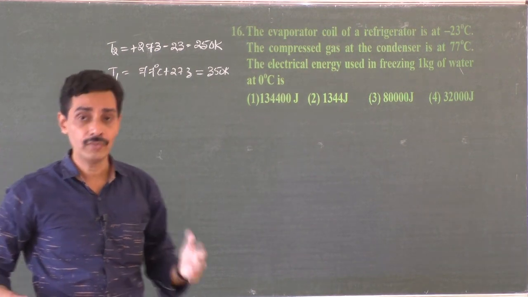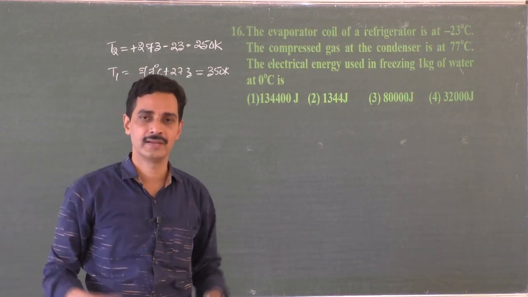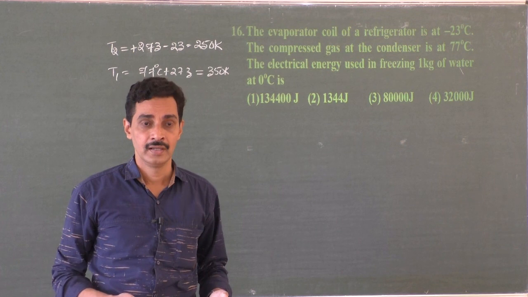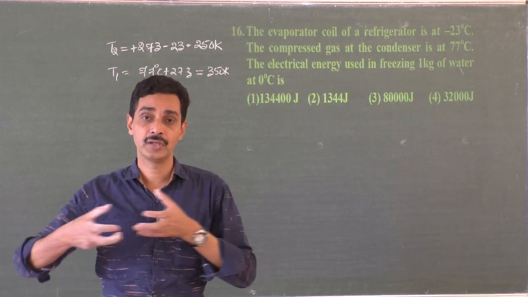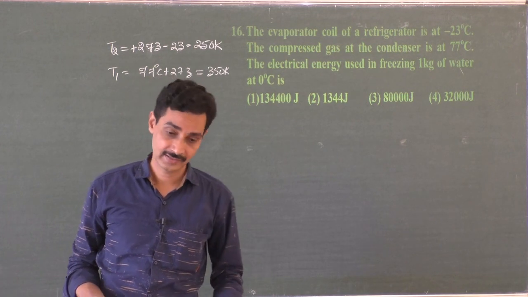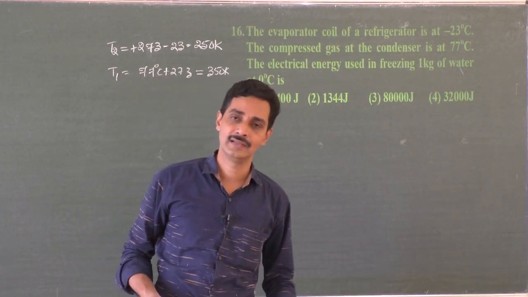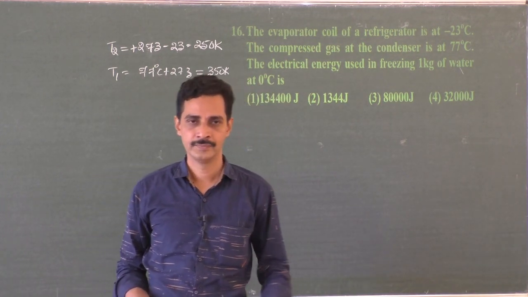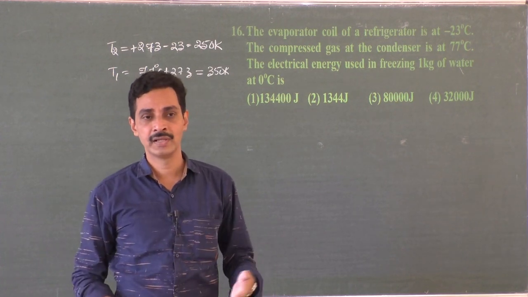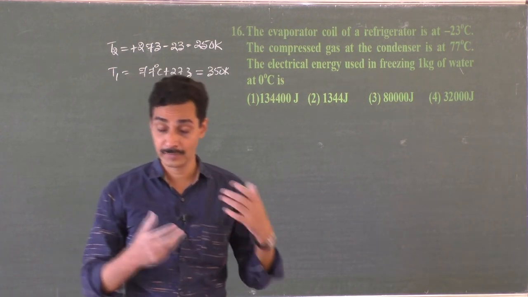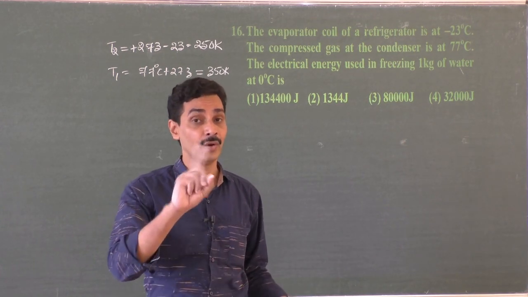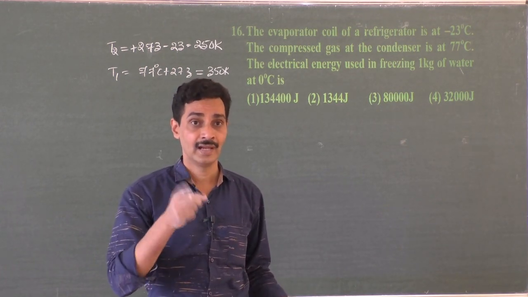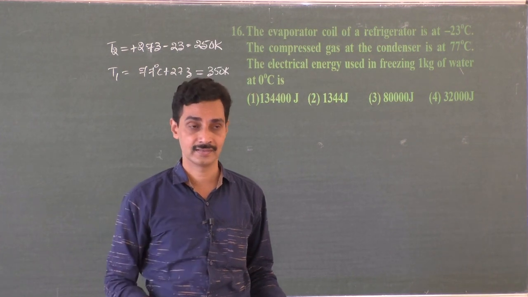You have water at 0 degrees Celsius inside the refrigerator. You have to freeze it completely, convert it into ice. That means how much heat energy must be absorbed from water at 0 degrees Celsius? That is nothing but the latent heat of fusion of ice, the energy required to be removed from water in order to completely convert it into ice at the freezing point, 0 degrees Celsius.